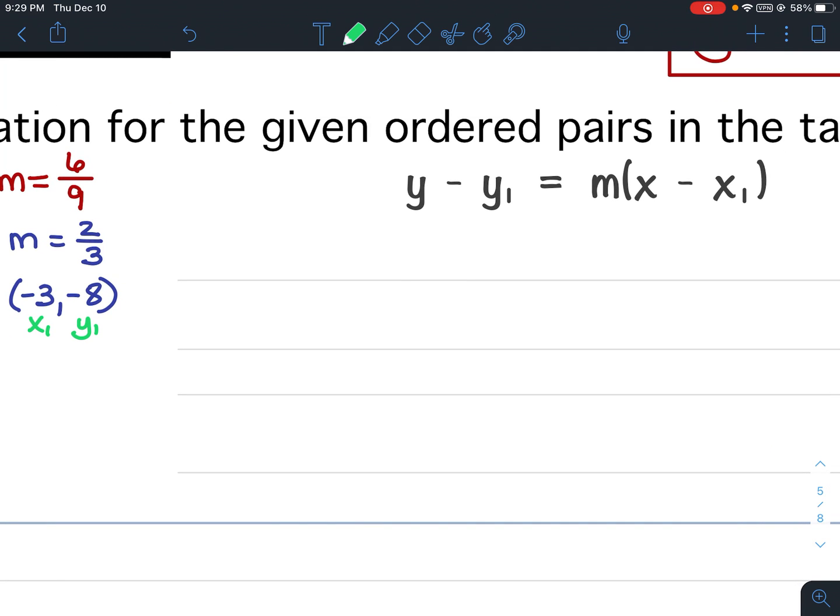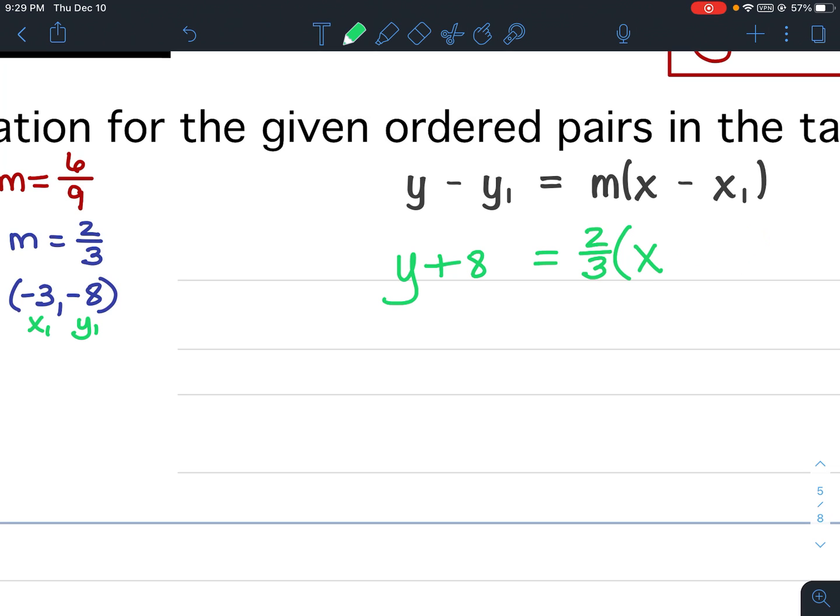So we have y, and now you have two options. You could either put minus -8, or you could change it right away. The opposite of y1 is +8. Our slope is 2/3. And then you could put it as minus -3.